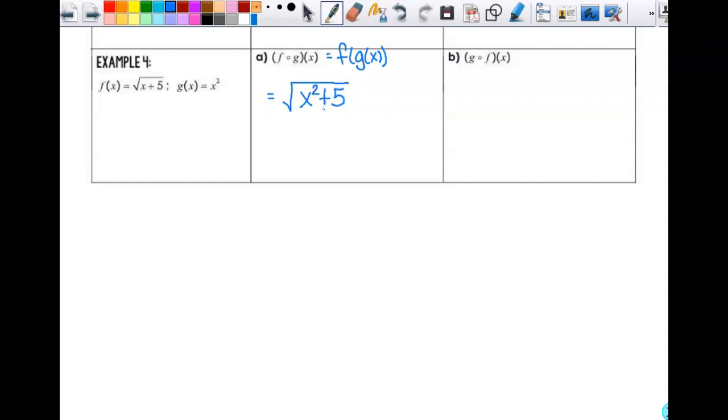Is that what you get when you substitute it in? All I did was substitute it in at this point, yes? Okay, then I have to decide if I can do anything else. I cannot do anything else. I know that the square root of x squared is x, but I have this addition here, and that totally messes things up. This is f of g of x, and I am done.